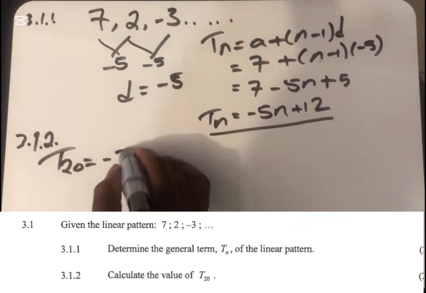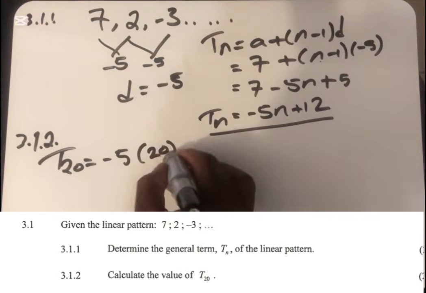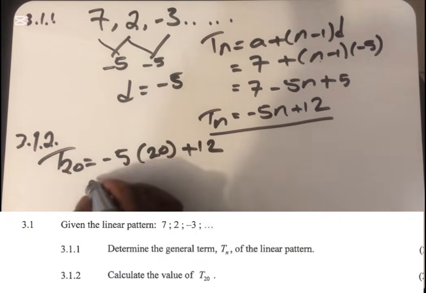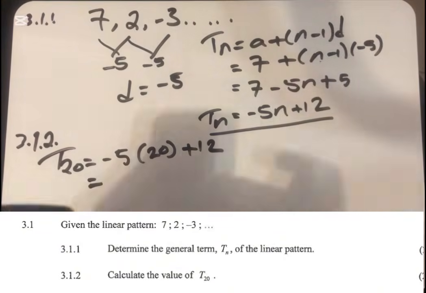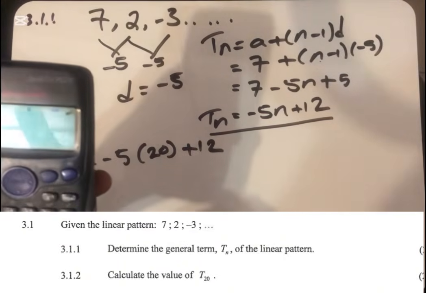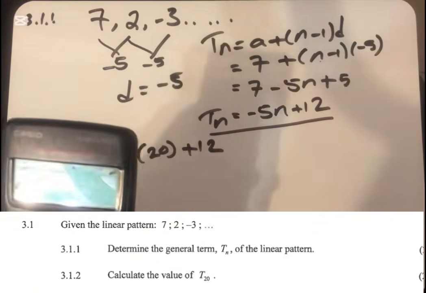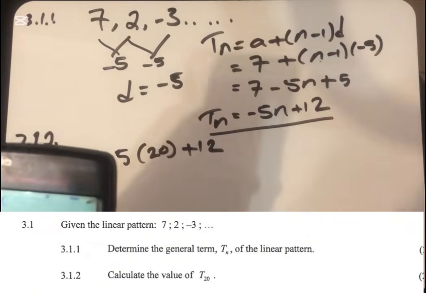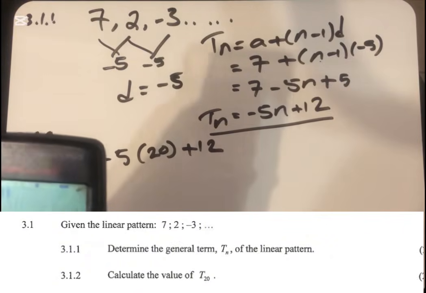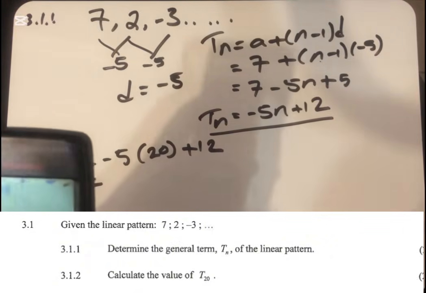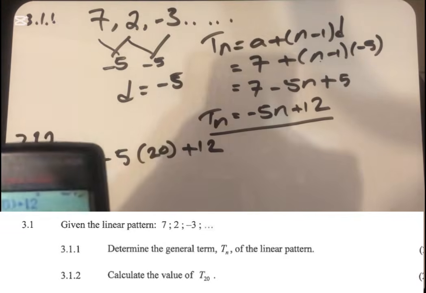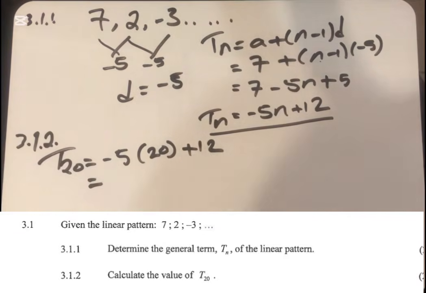We're going to have negative 5 times 20 plus 12. Then from here we use a calculator. We found that it's negative 88. Negative 88.